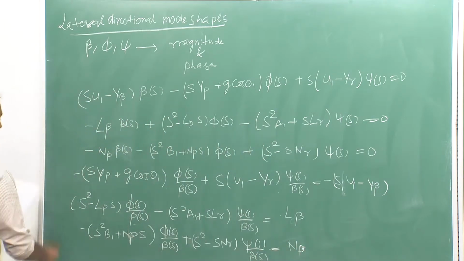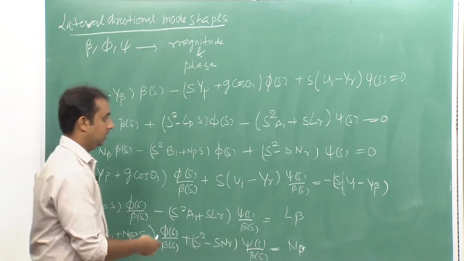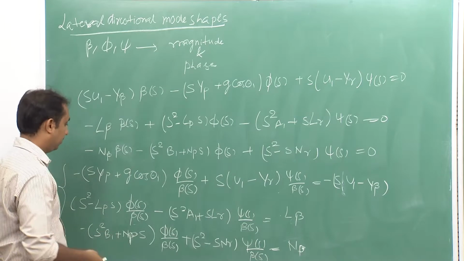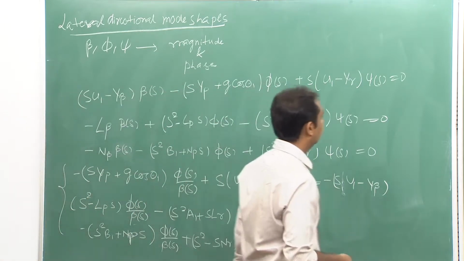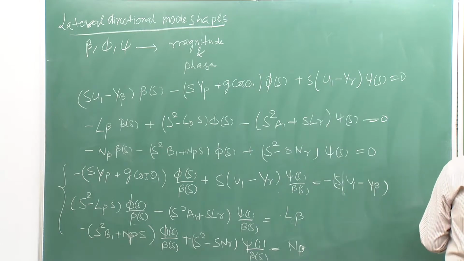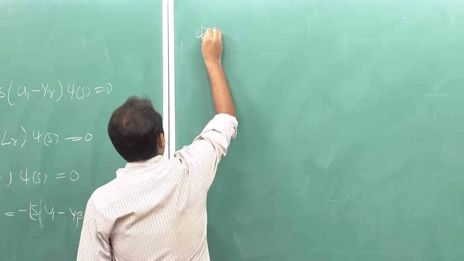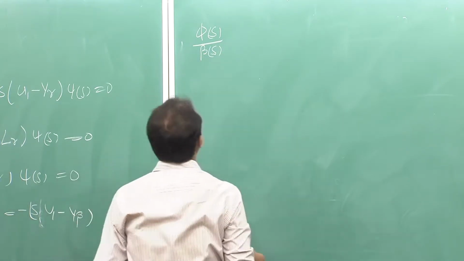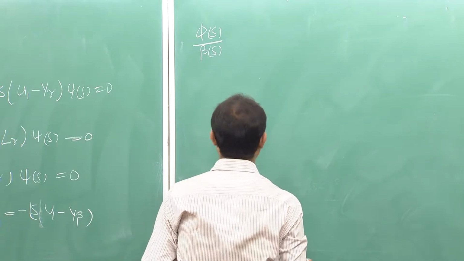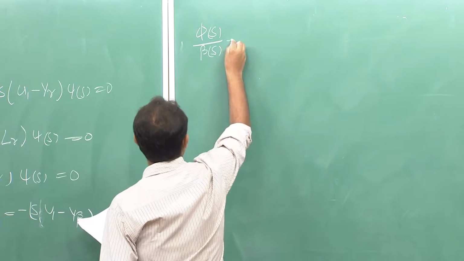You can use any two equations, since it is a two variable problem and you have three equations. So, you can take any two of these and write them in matrix form. We have already seen for the longitudinal case, while doing transfer functions, that you can derive the first variable by using Cramer's rule.